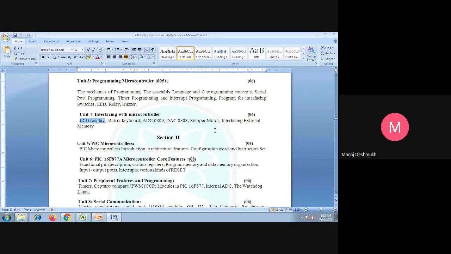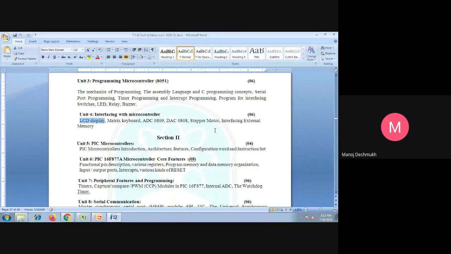Okay, so with the help of only a controller we are not able to design or develop any product. So various components or peripherals need to be interfaced for developing an embedded system for either measuring or controlling some parameters.